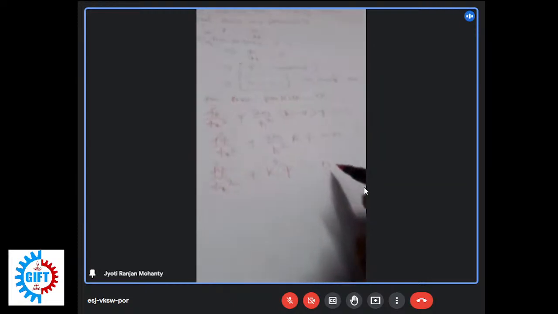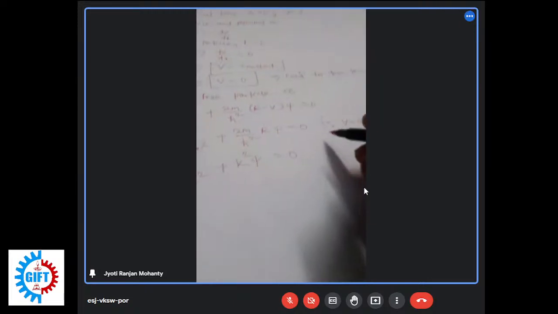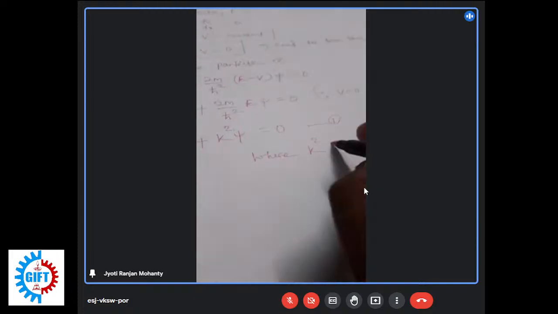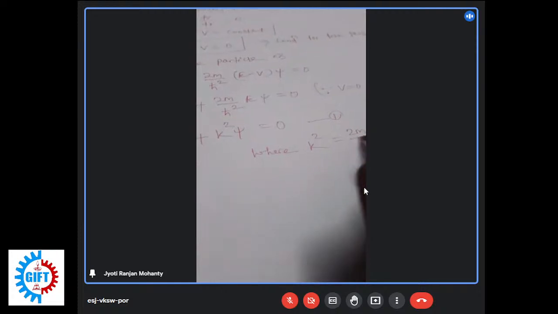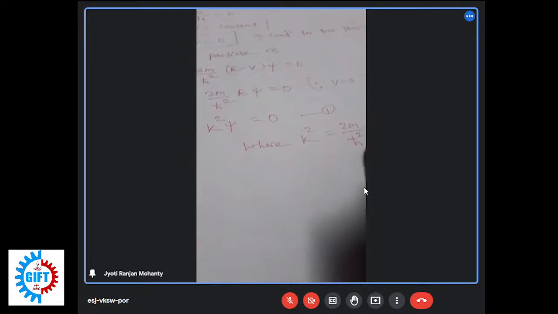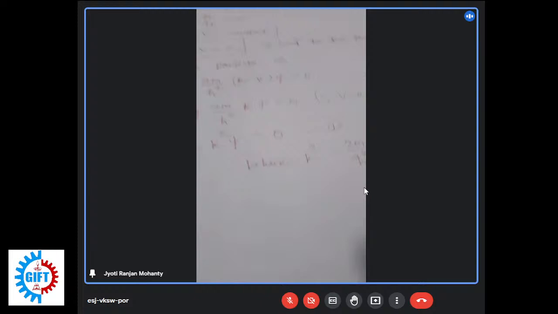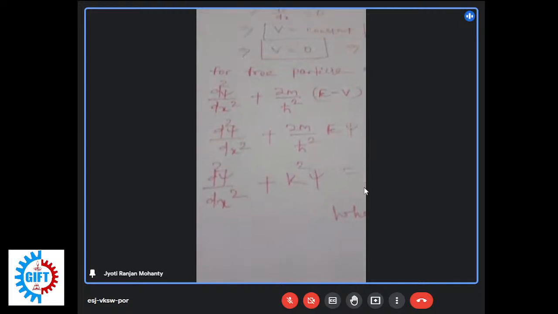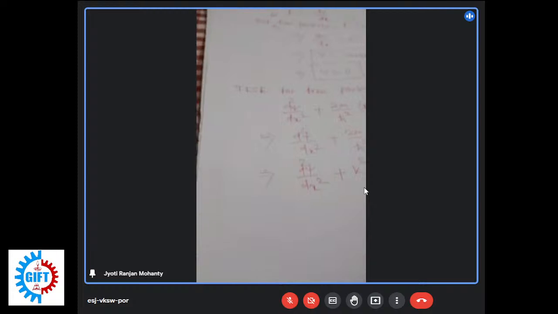This is your equation number 1, where I have taken k square is equal to 2m by h cross square into E. So equation 1 is your time independent Schrodinger equation for the free particle, and it is a second order differential equation.